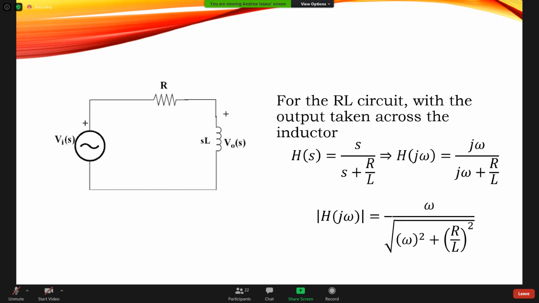So I'm just drawing this in the frequency domain. So we have our SL, we have R, and we are taking the output across the inductor. I trust by now you're noting the pattern.